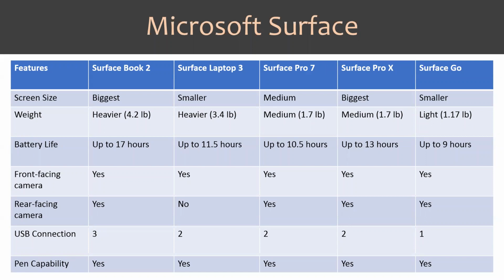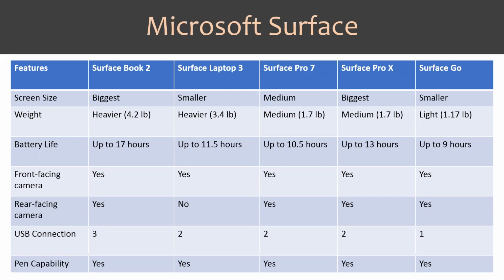So a couple of things first is to think about screen size. If you're looking for something that has the biggest screen size, you're going to want to go with either a Surface Book or a Surface Pro X. That's going to get you the biggest screen size. If you want something that's smaller though, then you're going to be more looking at the Surface Laptop or the Surface Go.